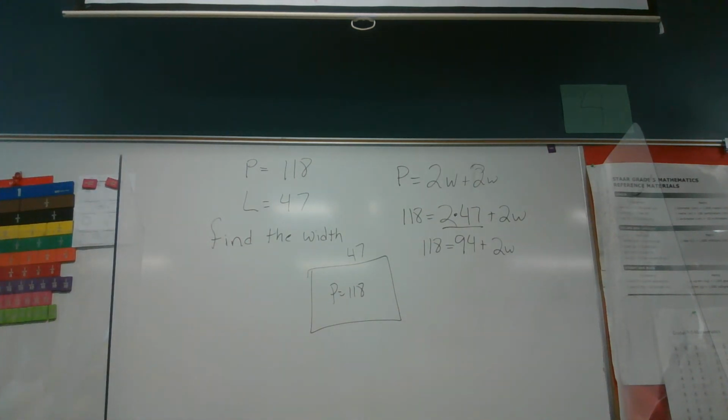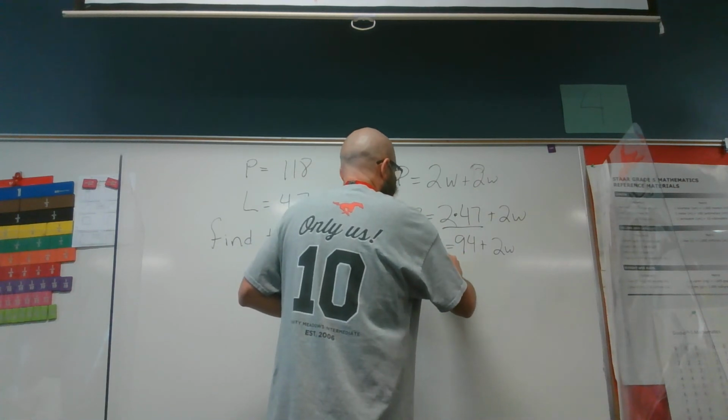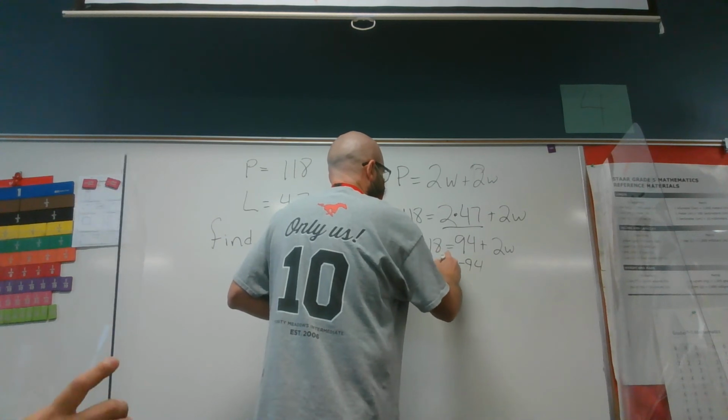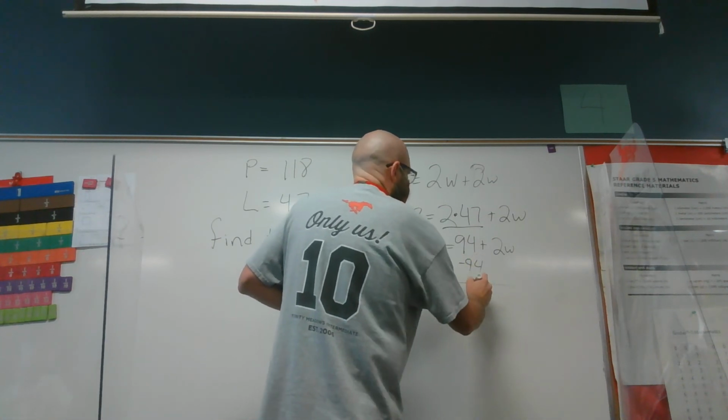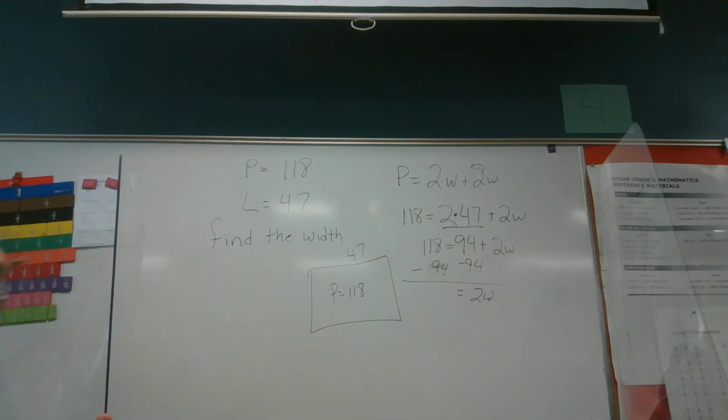What might I do next? JJ? You subtract it. I subtract 94 from my 118. Sorry, subtract 94 from both sides. And so then I'm just left with 2 times W. And what's 118 minus 94? 24.